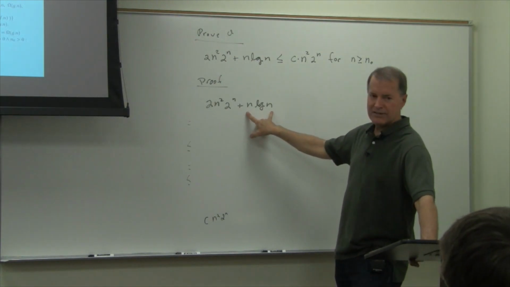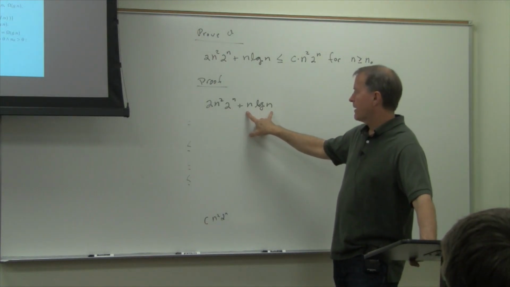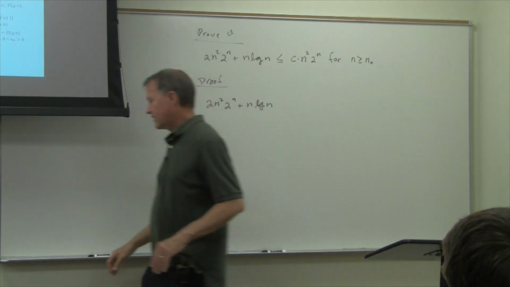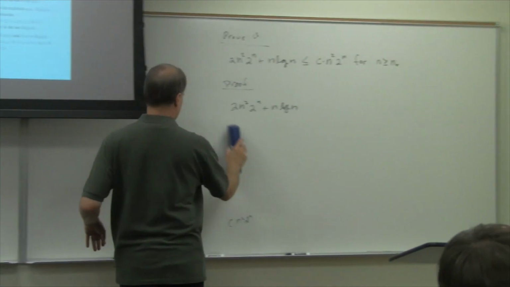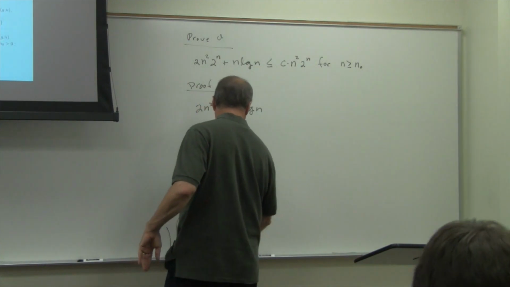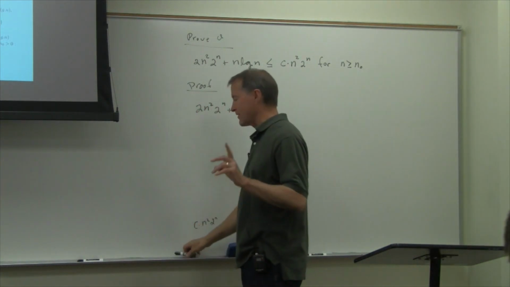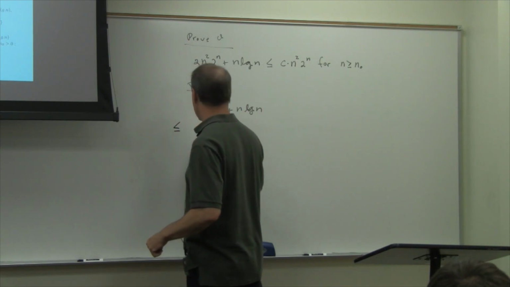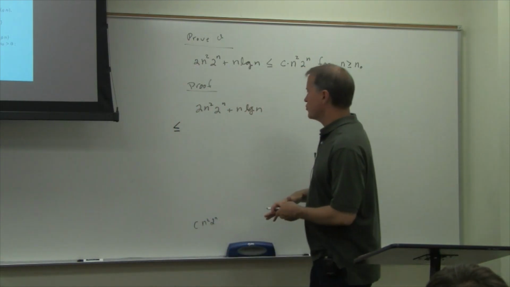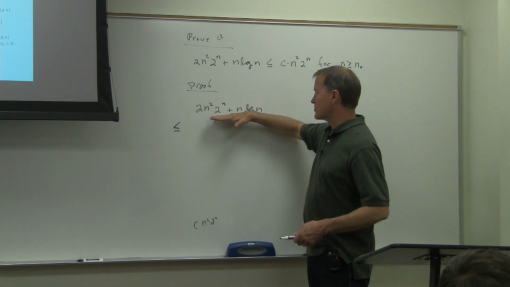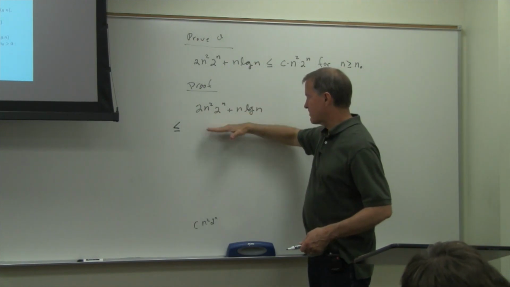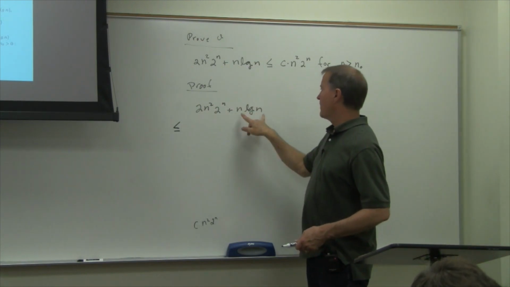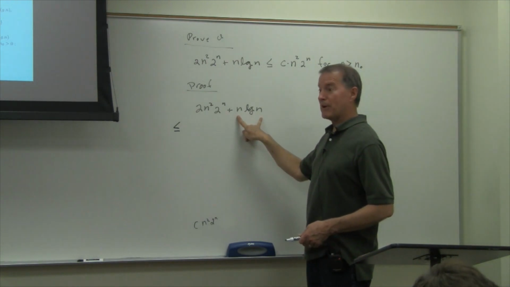So here's your hint. Okay, I'll give you a specific hint. Listen to this. This is less than or equal to, and what you should do is have this be less than or equal to something by virtue of making this bigger than what it is.